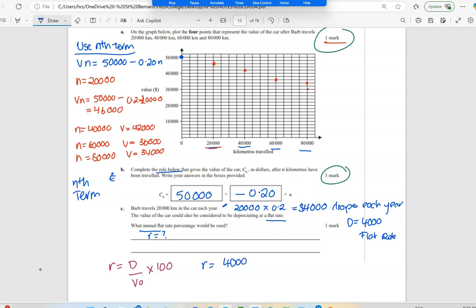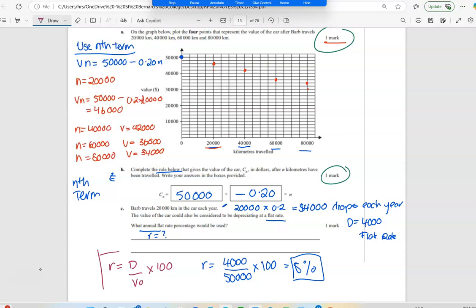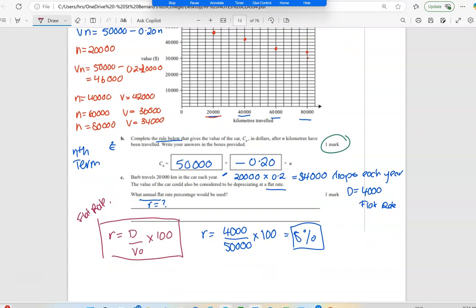So 4,000 divided by V0, which is 50,000, and times by 100, and we end up with 8%. 8% rate. That's your answer. So that is important. I would say, this formula, if it's not on our summary sheet near flat rate, maybe pop that near that because it's going to be helpful.